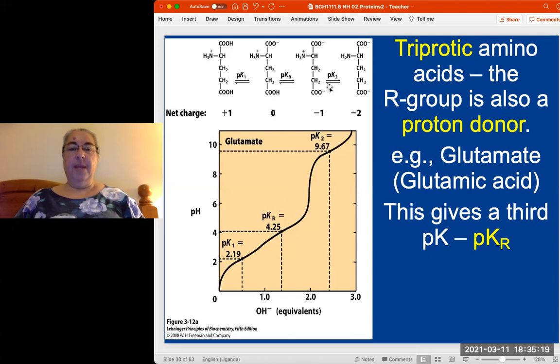And then the third pK, again, is the proton being released from the amino group and the charge going from -1 to -2. And the pK2 is 9.67, up at quite a basic, quite an alkaline pH. Okay, so you can see that this curve is somewhat more complex.